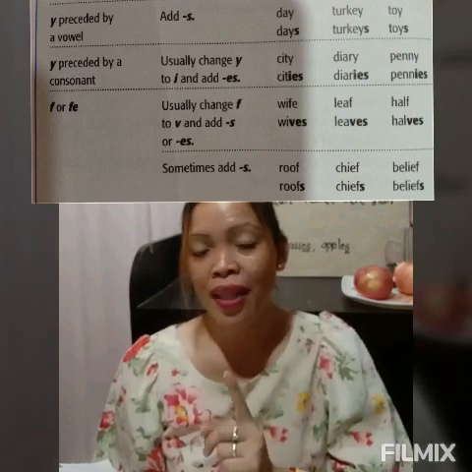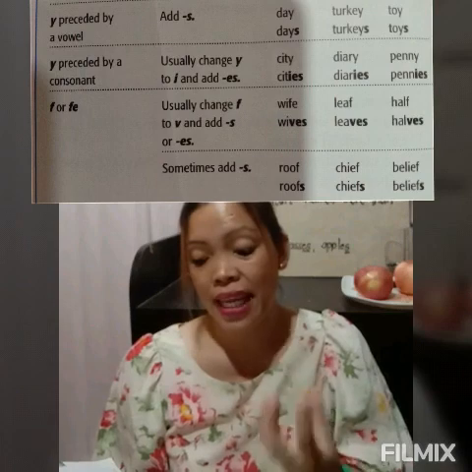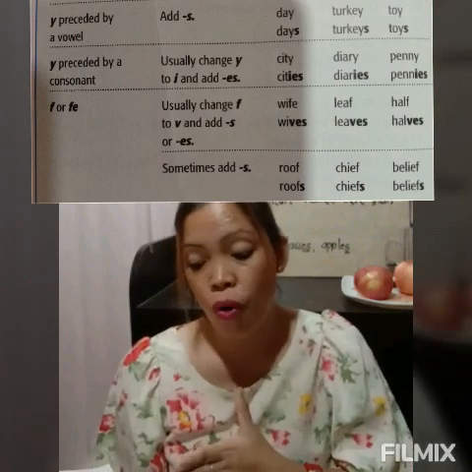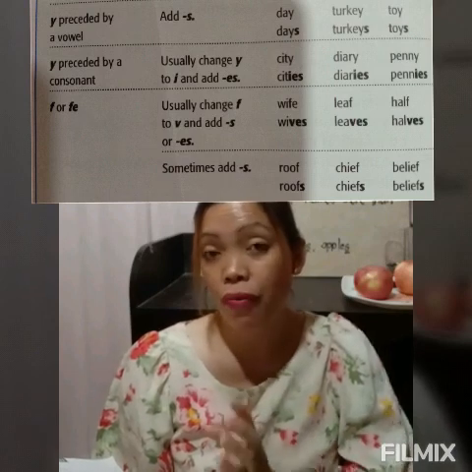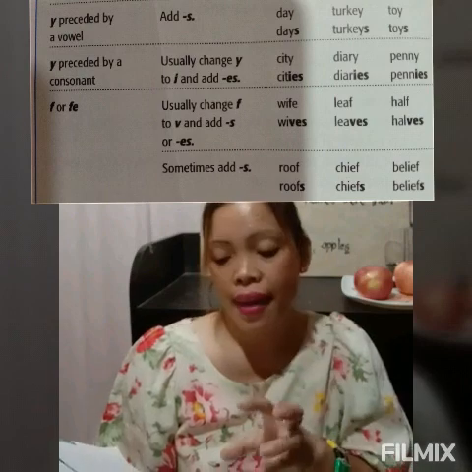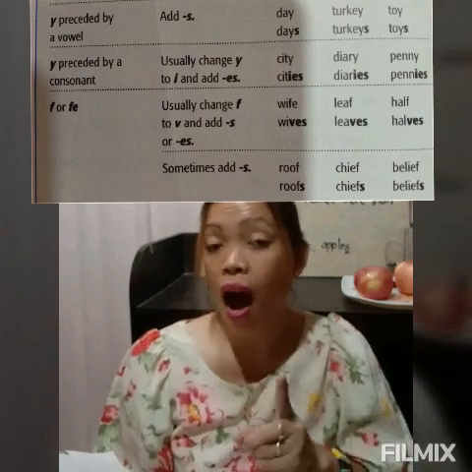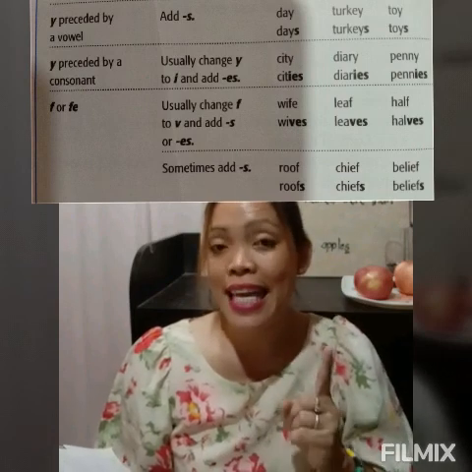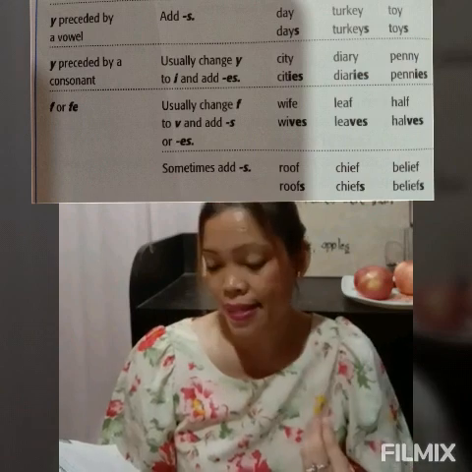Look at the final letter, ending in Y but preceded by a consonant. Before Y you have a consonant, letter T, then you are to change Y to I and add ES. From the word city, that will become cities.